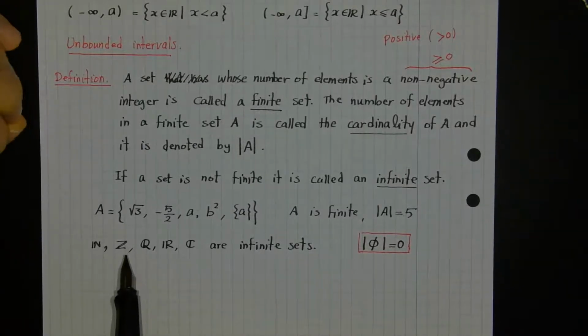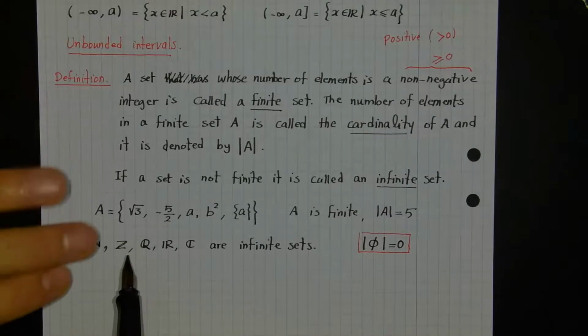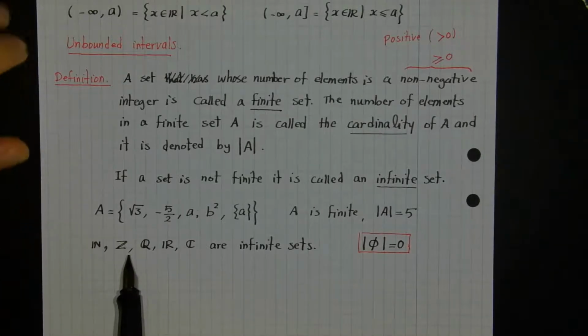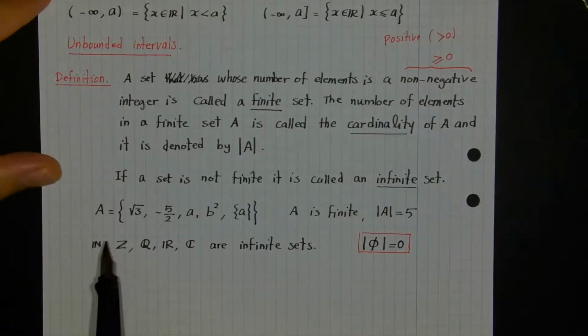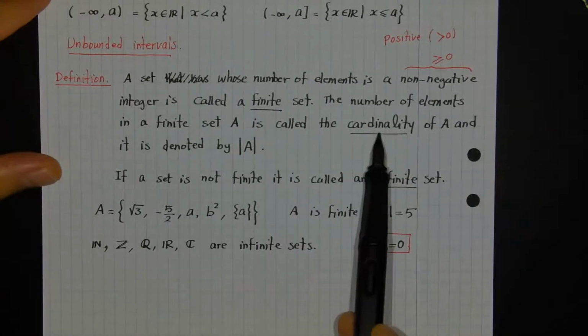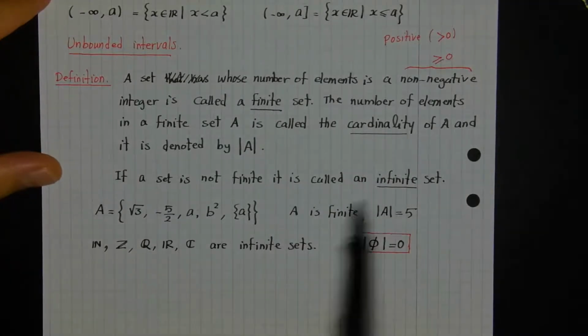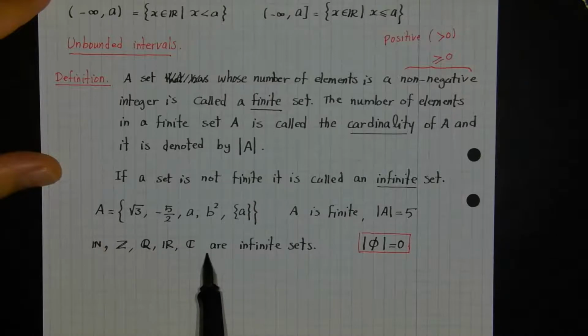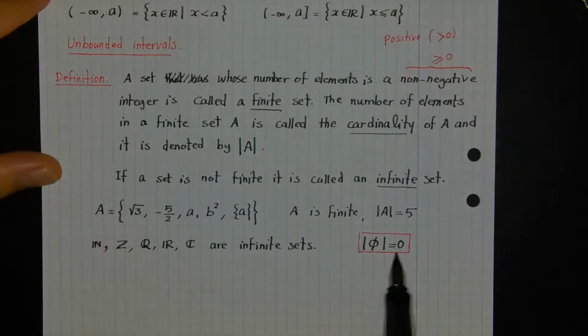I don't want to spend so much time on it. Maybe we will talk about that a little bit later. But I want you to know the notions of finite set, cardinality, and infinite set. All of these sets are infinite sets. The empty set is a finite set, and its cardinality is 0.